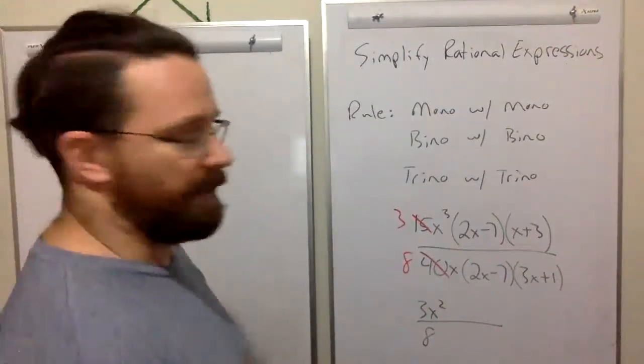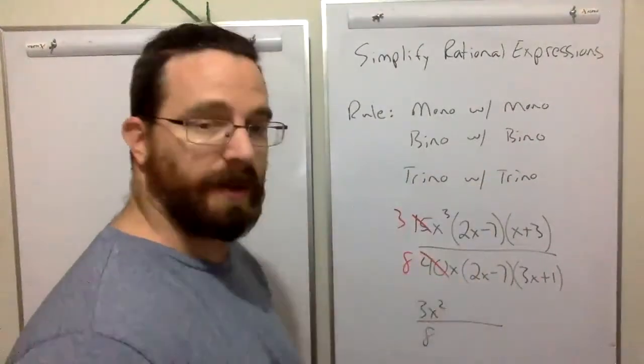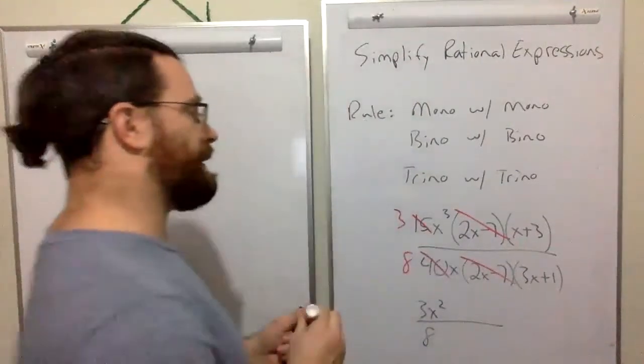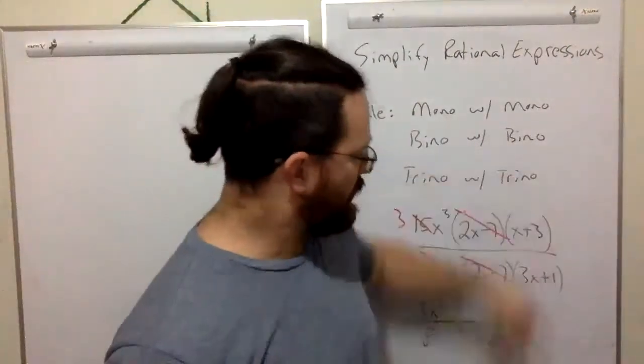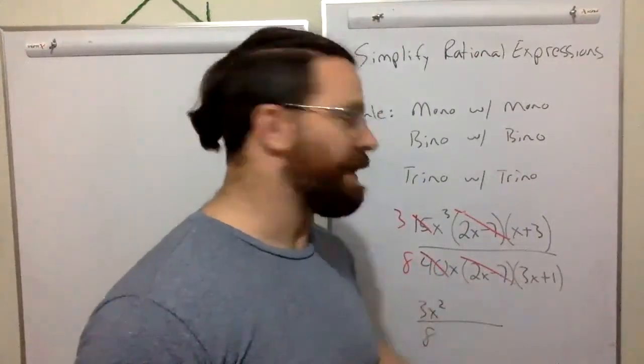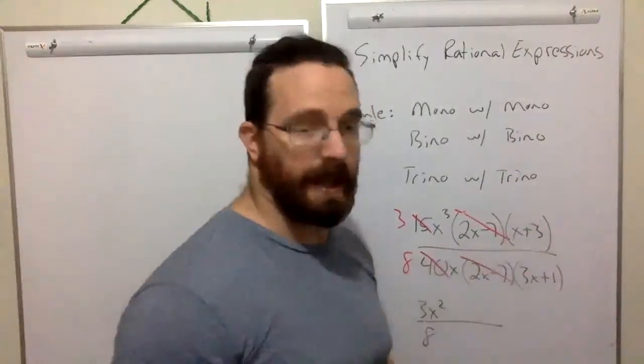After that, move on to my binomials. 2x minus 7. There is a 2x minus 7 down below, so I can cancel both those out. So this cancels that. On top, I have an x plus 3, but there is no x plus 3 down below. There is a 3x plus 1, but they're not the same. So these do not cancel out at all.